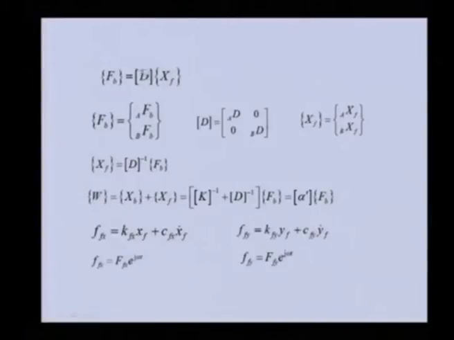So, this D matrix now contains not only bearing end A but also bearing end B, and similarly these are the displacements in the x and y directions at bearing end A and bearing end B. The sizes of these matrices are 4 by 1 and 4 by 4. Similarly, this is 4 by 1, and we can write xf by inverting this D matrix on the other side and multiplying by the bearing force to get this relation.